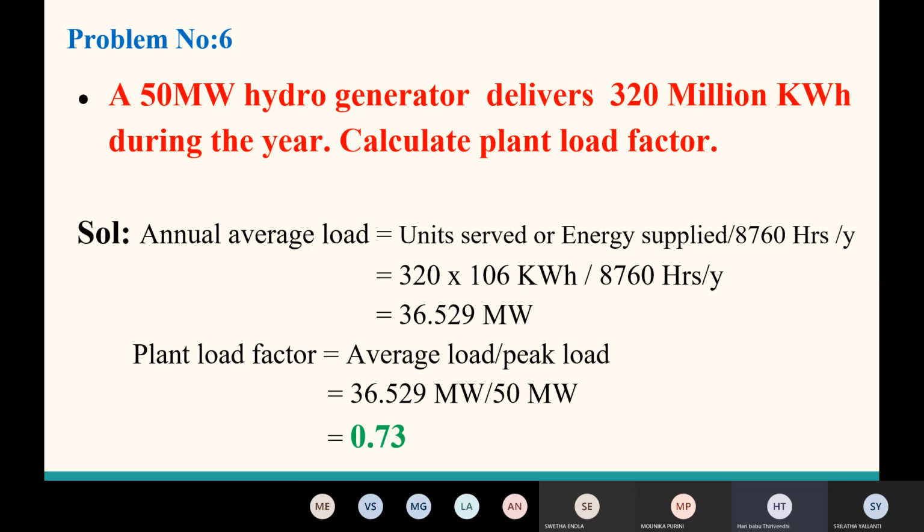They have given that during the year it delivers 320 million kilowatt hour. Million is nothing but 10 power 6 as usual, not 106, this is 10 power 6. 320 into 10 power 6 divided by 8760.